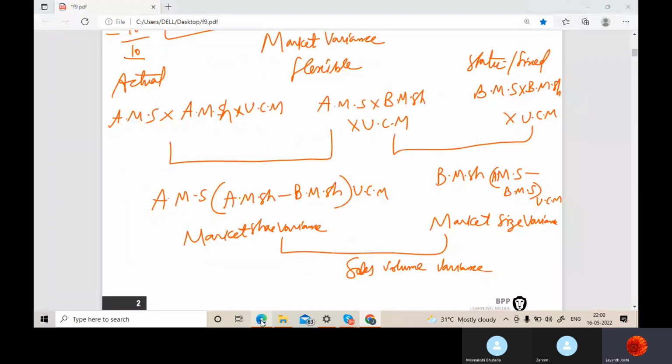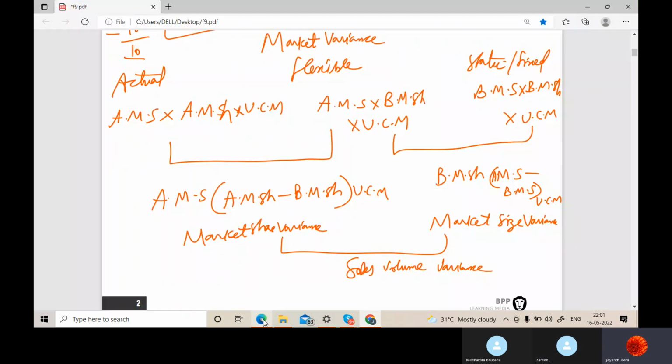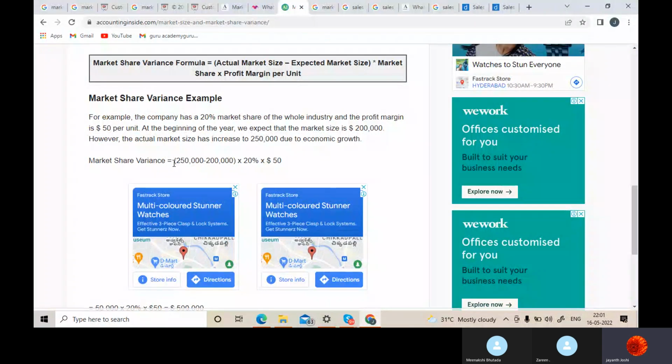Market size, budgeted market share. Actually, what they have here is market size variance, not share variance. These guys are wrong.